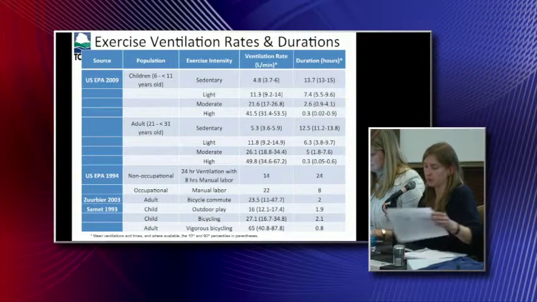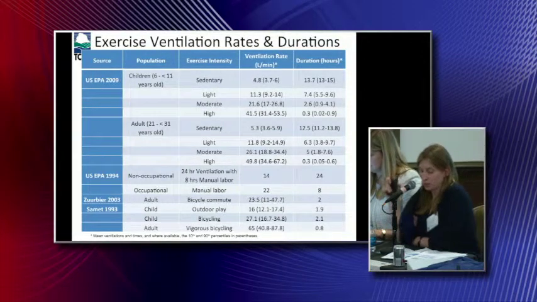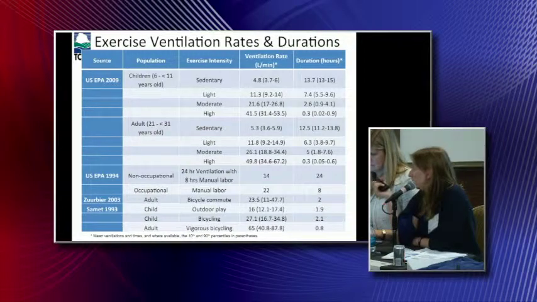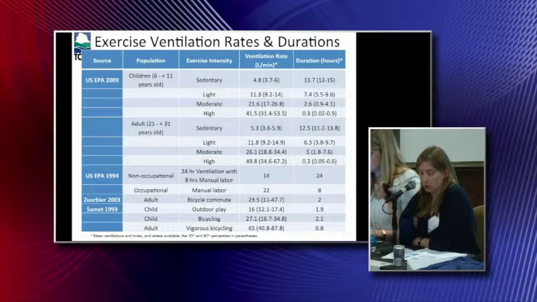There are also ventilation rates about 2/3 of the way down that chart that are used for risk assessment purposes. These are the US EPA 1994 numbers: the non-occupational, which is a 24-hour ventilation rate of 20 meters cubed per day, or 14 liters per minute, and an occupational manual labor ventilation number, which is 10 meters cubed for 8 hours, or 22 liters per minute.